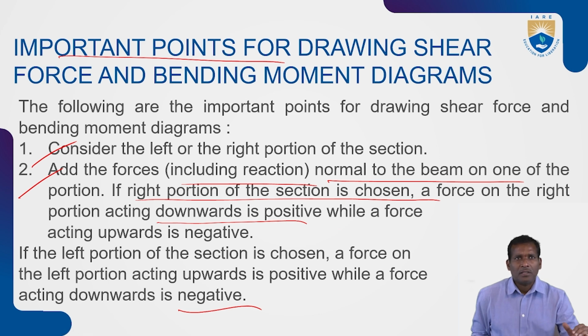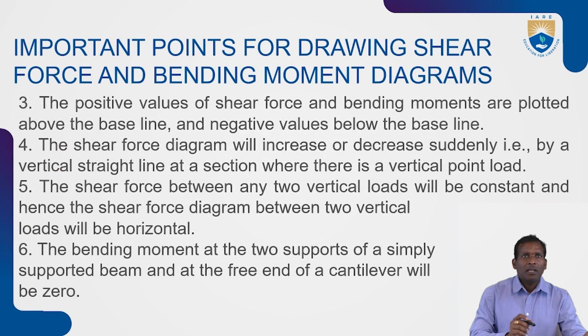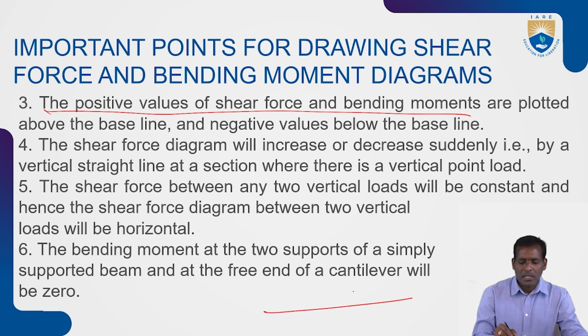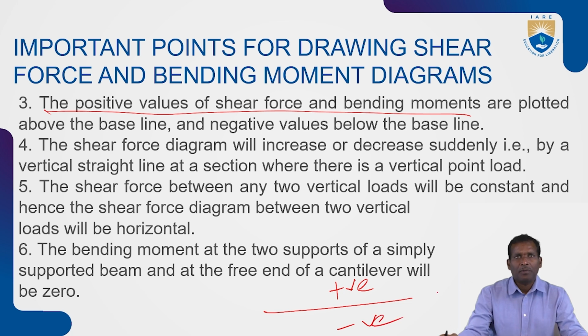These are the important points, and some more we will see. The positive values of shear force and bending moment are plotted above the baseline. For drawing the diagrams, first draw the baseline: above it, positive values; below it, negative values.